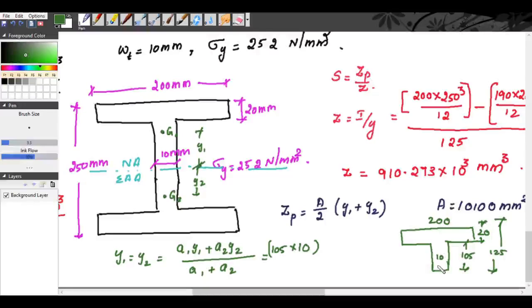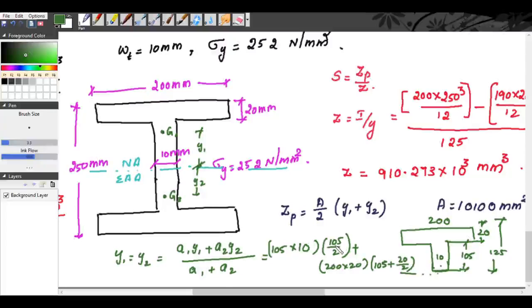It is 105 divided by 2, plus area 2. Area 2 is 200 into 20 into Y2. Y2 is 105 plus 20 by 2.